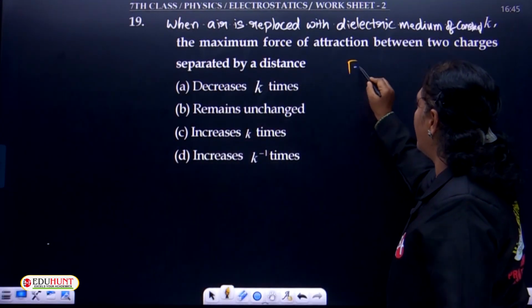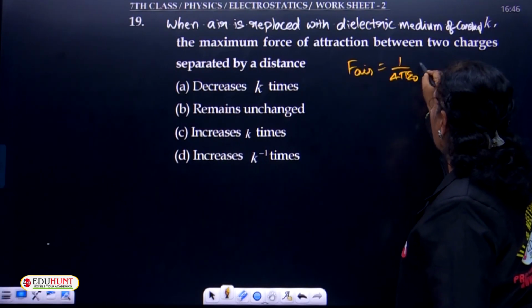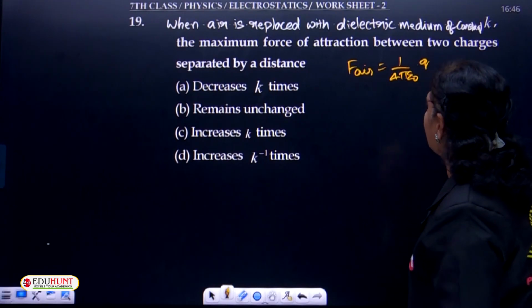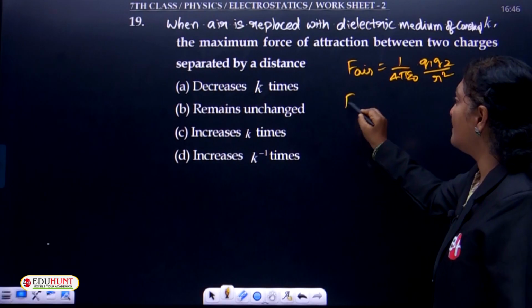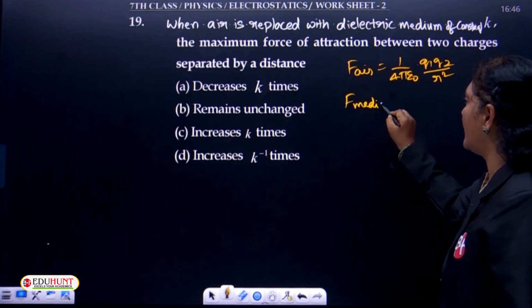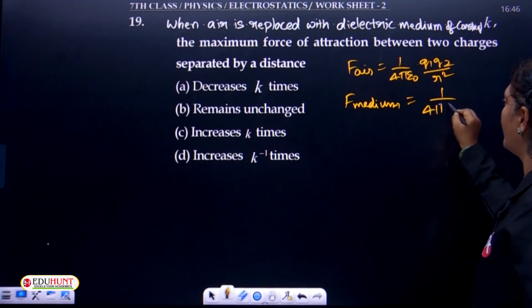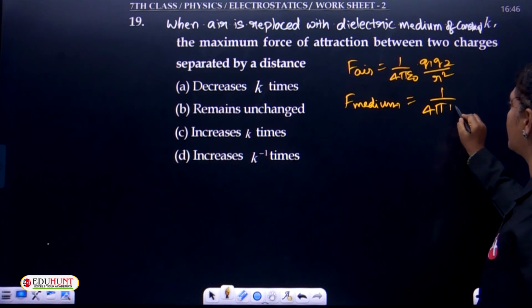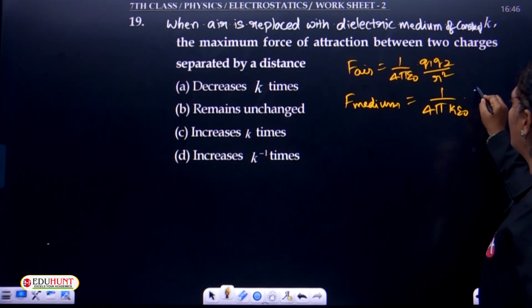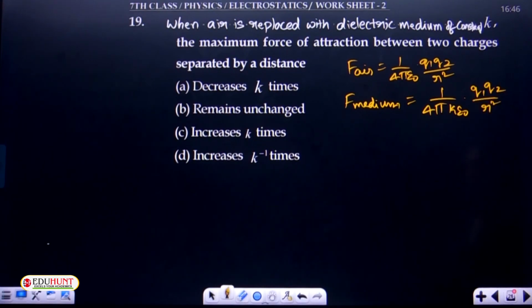We know that in air, the formula is given as 1 by 4 pi epsilon naught, two charges, say q1, q2, and separated by distance r square. Similarly, in the medium, the same value is given as 1 by 4 pi epsilon naught is replaced with epsilon m, and this epsilon m can be given as k epsilon naught, q1 q2 by r square.